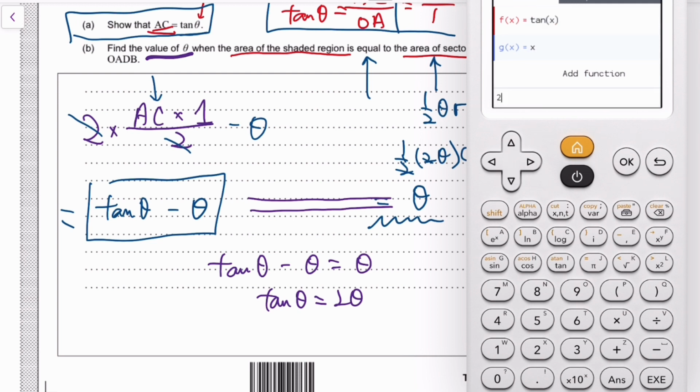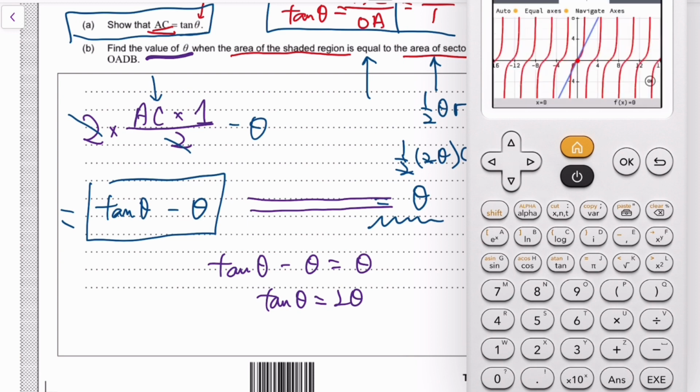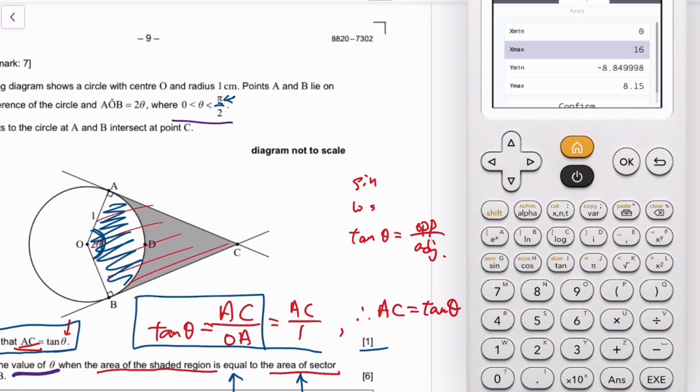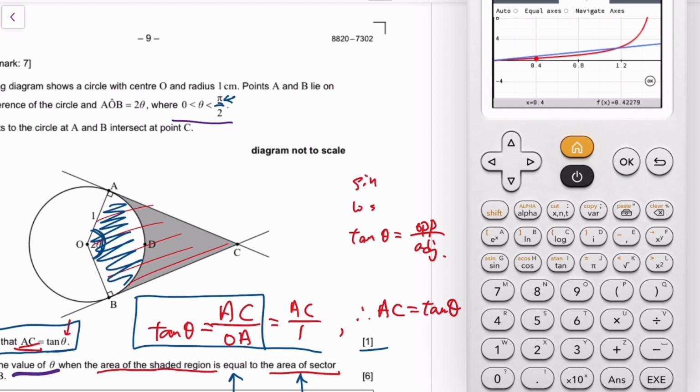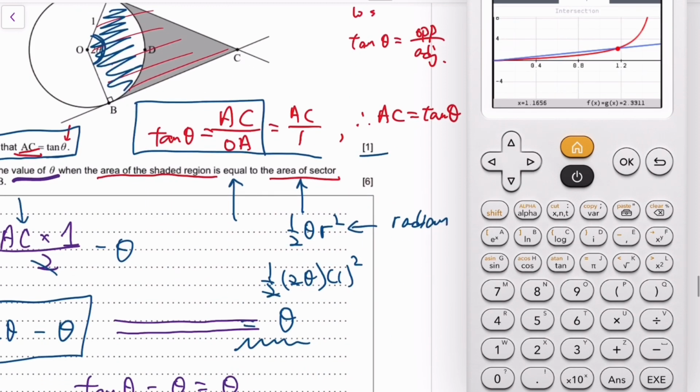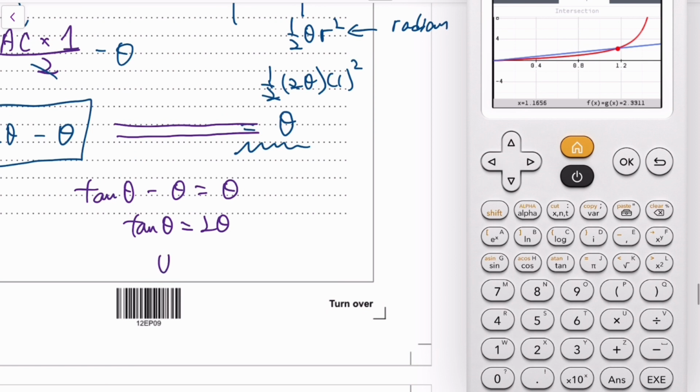This is 2 theta. If we draw it, now theta is only in 0 to pi over 2, so you may want to change your axis to that, 0 to pi over 2, and then go again. So there is an intersection. We find the intersection. Theta is 1.17 to 3 sig figs.